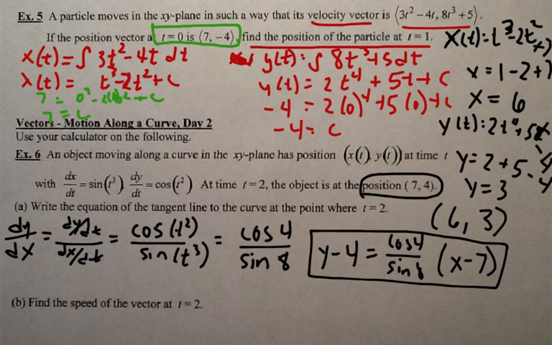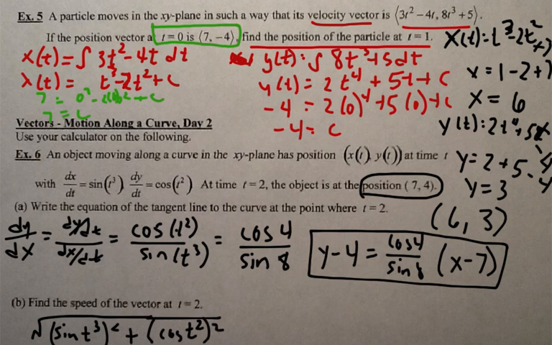Alright, B. Find the speed of the vector at time t equals 2. Okay, speed is going to be magnitude. So we're going to do the square root of x prime of t squared, which is the same thing as dx/dt, so sine of t cubed quantity squared, plus y prime of t squared, so that's going to be cosine of t squared quantity squared.